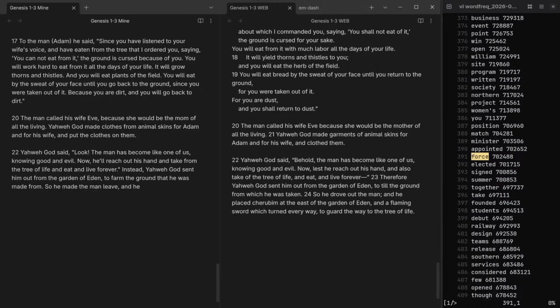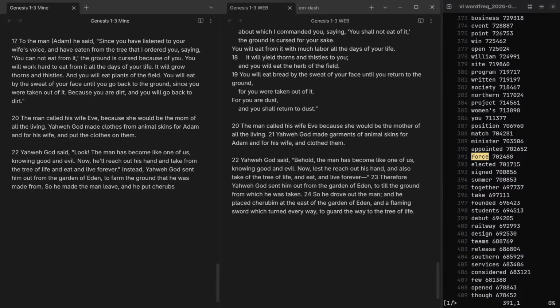And he put cherubim. Now let me look this up. This is something we never translate. We always just say cherubim. I could say cherub, I guess. But cherubim, that's... I'm going to put cherubs.